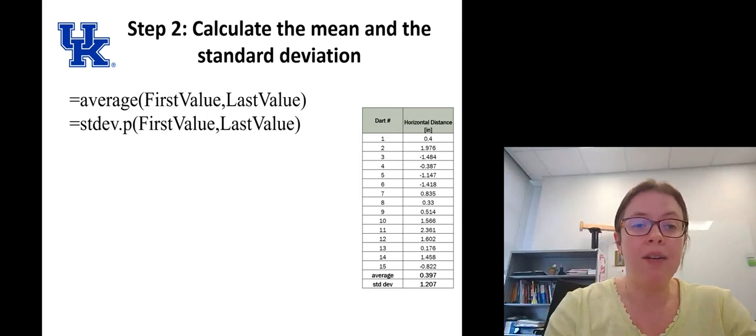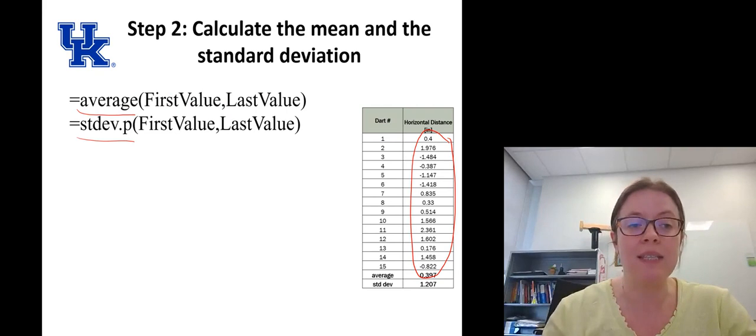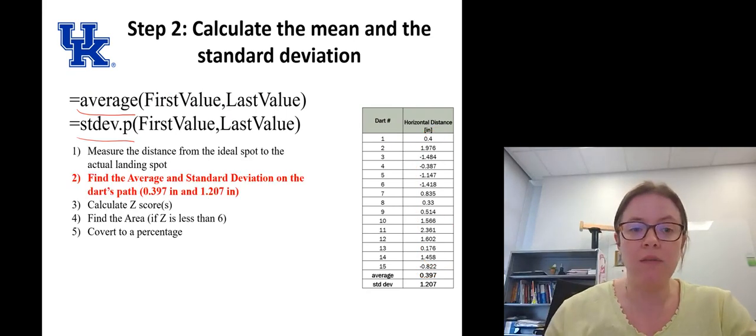In Excel, you just type out average, and then put in all of these values, and for the standard deviation, you would use the function stdev.p, using these same data points. Now I have my average and standard deviation on the DART's path, 0.397 inches and 1.207 inches.